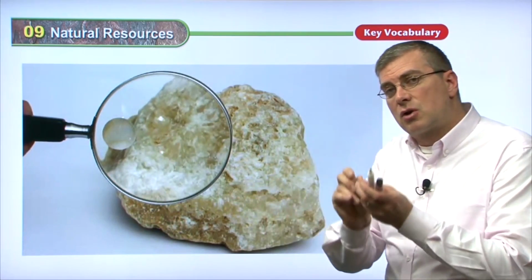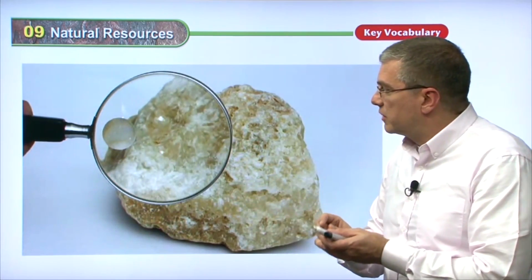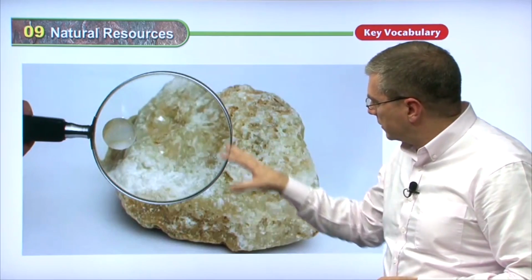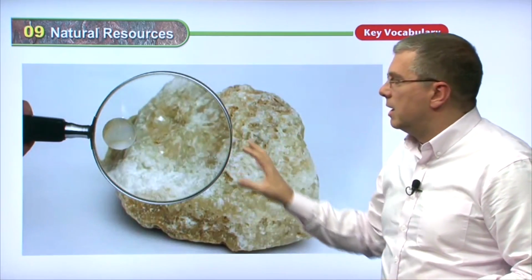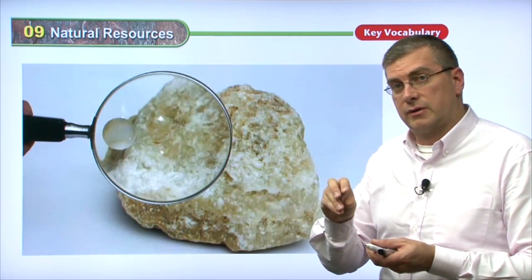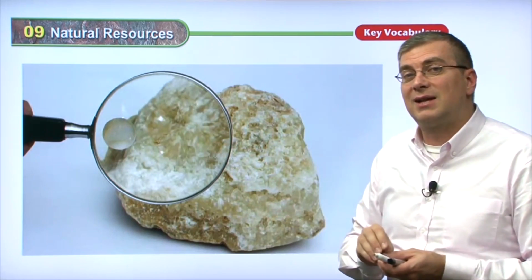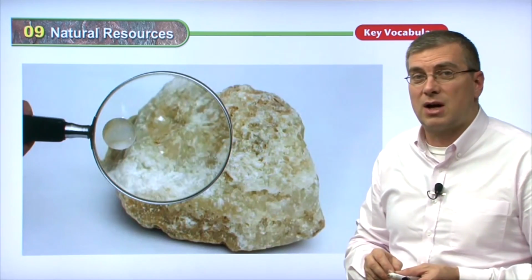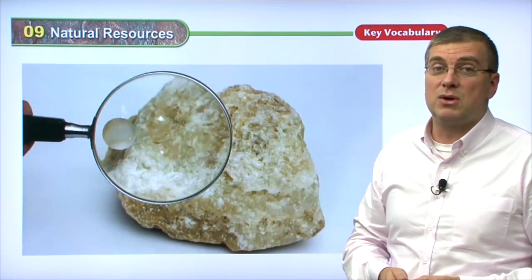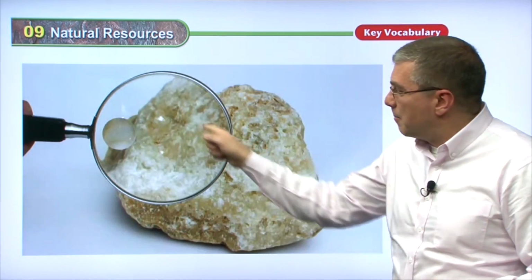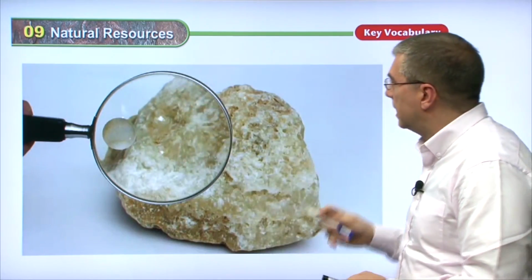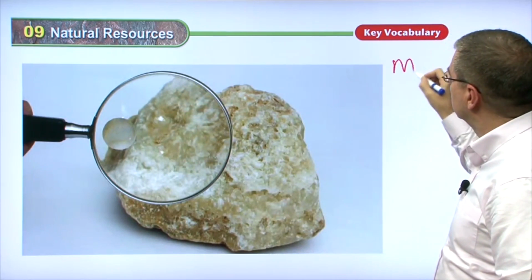They have geometrical shapes, which are very interesting to look at. Some minerals have crystals, right? And all different kinds of shapes, different kinds of colors. Some of them can be very beautiful, especially if you look at them with a magnifying glass. By the way, this is a magnifying glass.